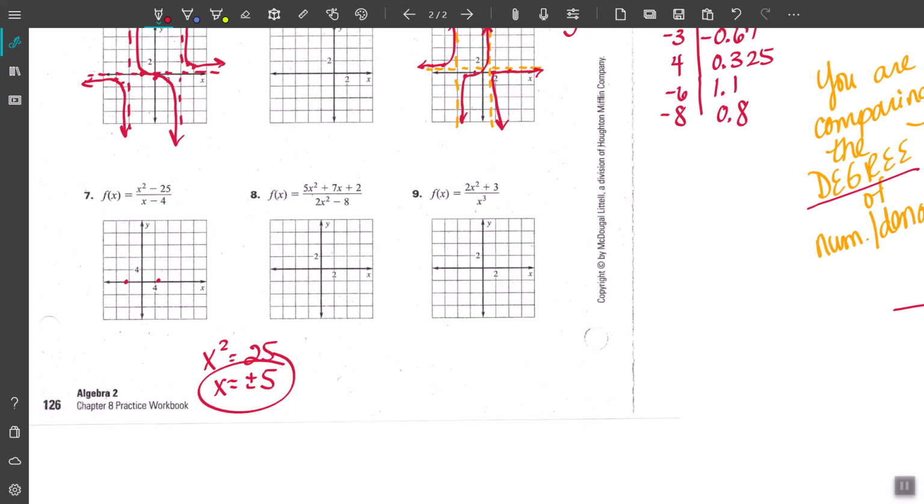Our vertical asymptote is going to be at x equals 4. I don't even need to do any work there. I can see that my denominator, set equal to 0, is going to give me a vertical asymptote at x of 4. So dot that in.